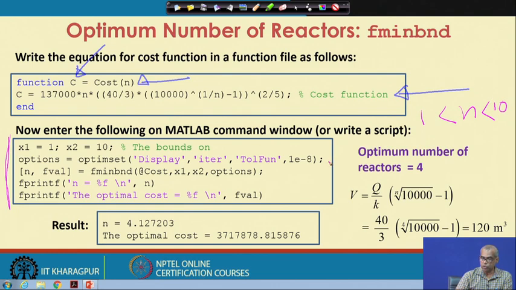Then we use options to display the results at each iteration, and also the tolerance value is set at 10 to the power minus 8.